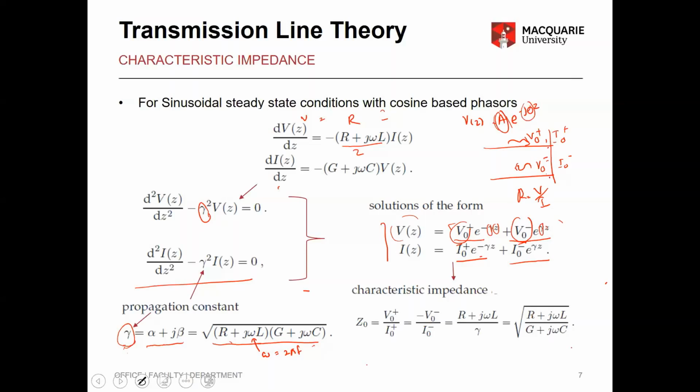So we can look at this transmission medium's impedance at any point by looking at V0+ over I0+, which you call Z0, the characteristic impedance. So we can derive this. It's not difficult to do that, so we will quickly do this.